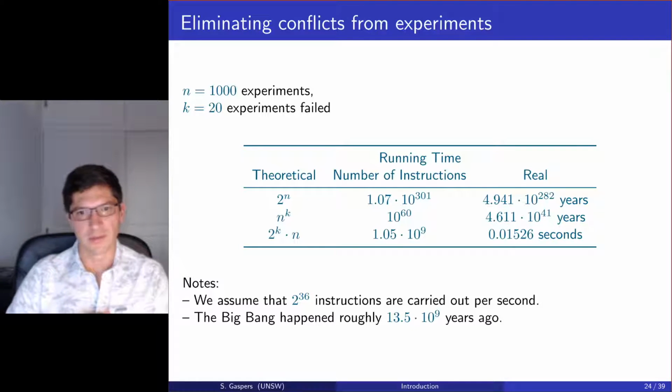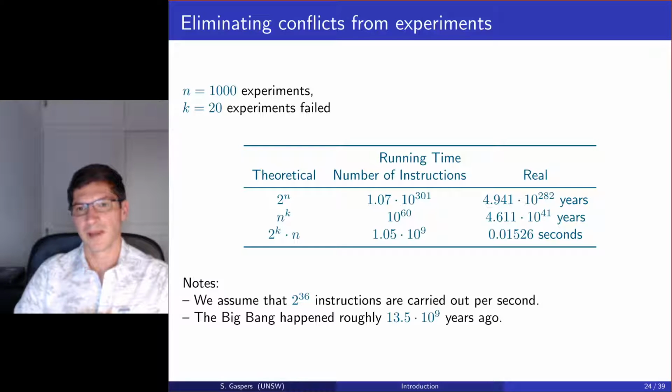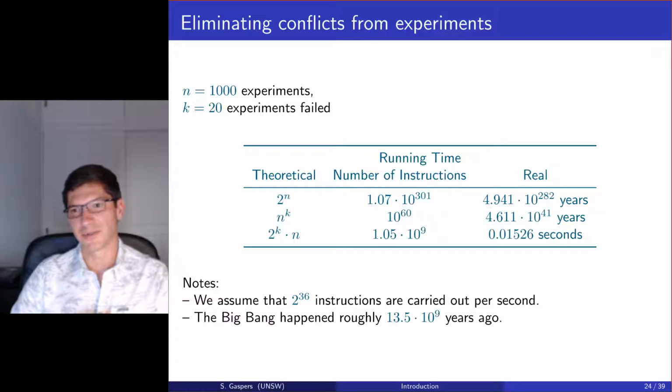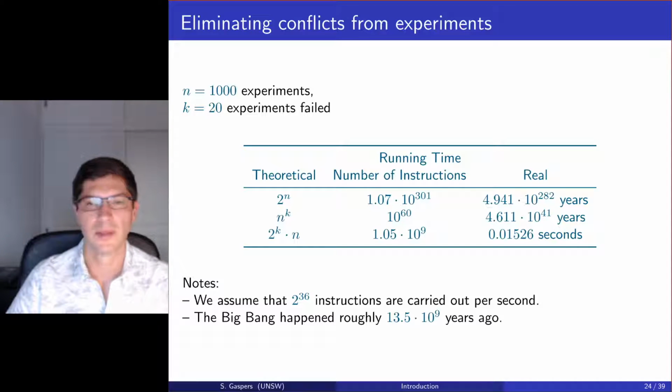That's way too much because the Big Bang happened roughly 13.5 times 10 to the 9 years ago. So waiting for 10 to the 282 years is definitely not an option.